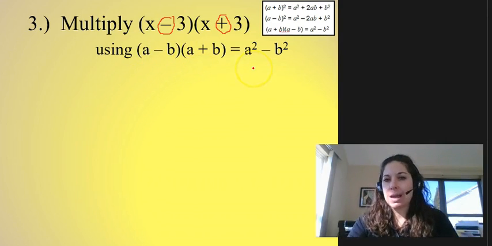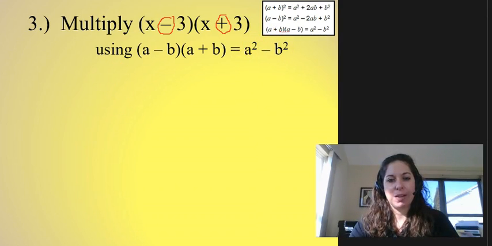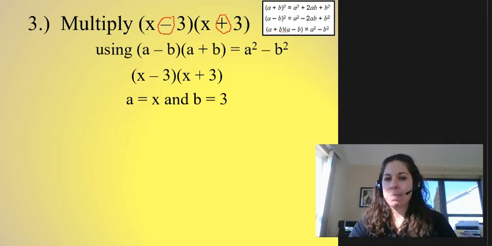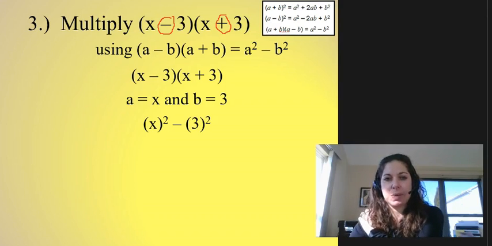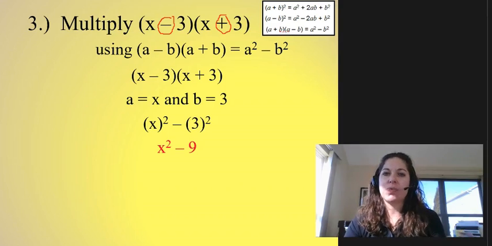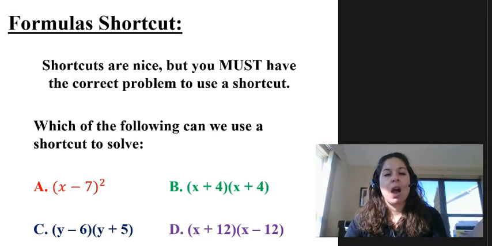And this one is the simplest of them all. You just do A squared minus B squared. So my A is that x, my B is that 3, plug it in, x squared minus 3 squared, and then just simplify to get x squared minus 9. So really these formulas are nice. All you're doing is finding your A and your B, plugging them in, and simplifying.